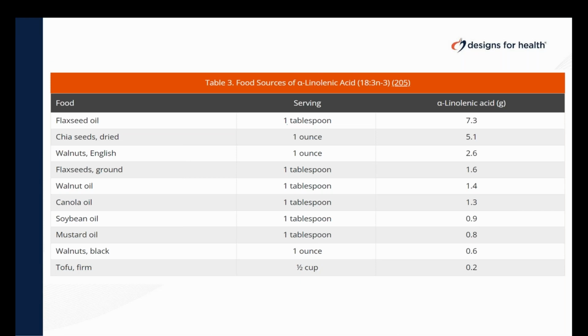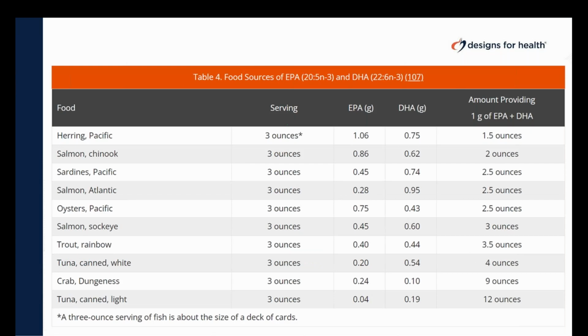And here's a simple list, and again, you'll have copies of this to look at later. But these are food sources for the different fatty acids. I recommend flax seeds for most people because you can see the content of linolenic acid is so high in flax seeds. It's quite an easy way to get people a lot of those particular fatty acids. And then here's food sources for EPA, which we're all familiar with.